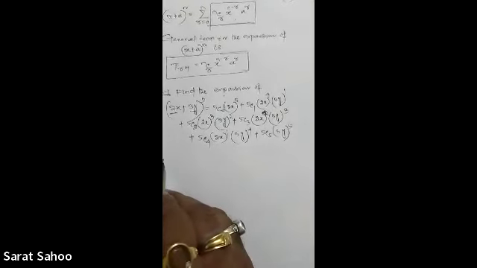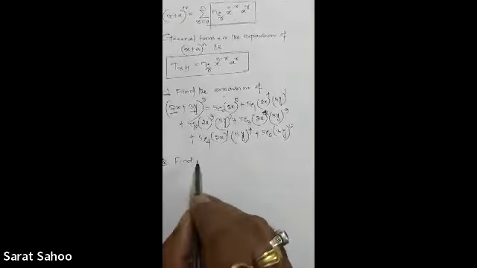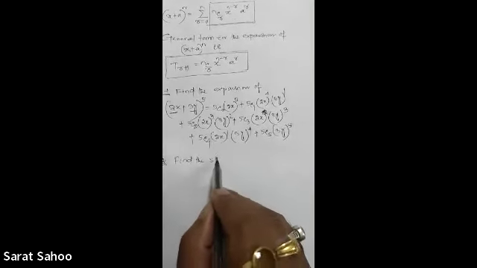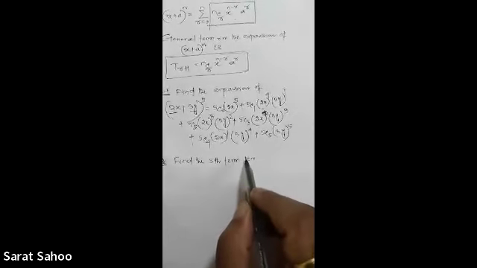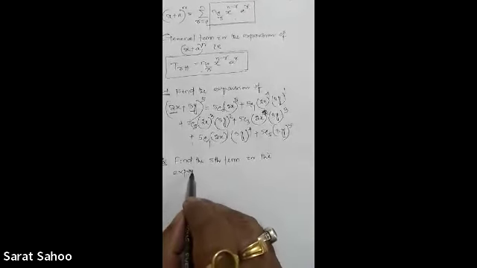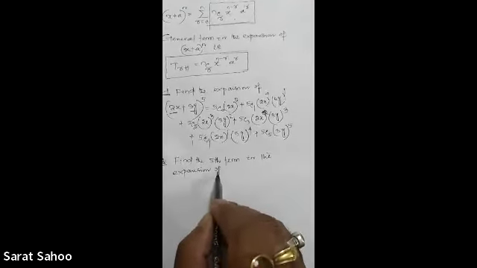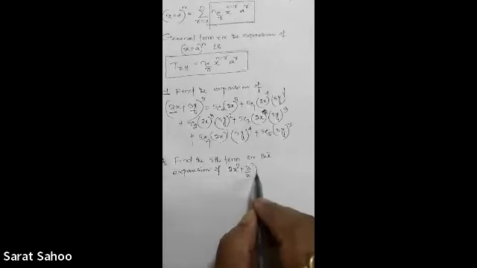Okay, question number 2. Find the fifth term in the expansion of (2x square plus 3 upon x) raised to the power 11.